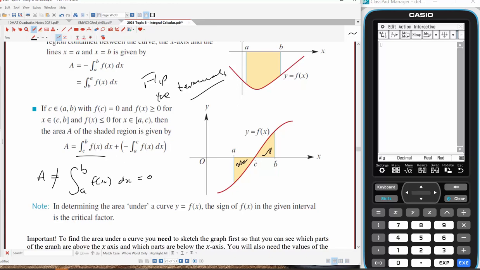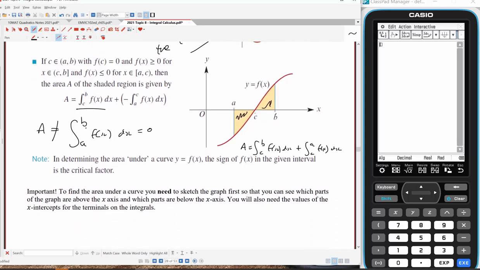Alternatively, you could go A equals integral from b to c of f of x dx plus, and then you just flip the terminals of that. So plus the integral from a to c of f of x dx. So it's important that you know how to do that.